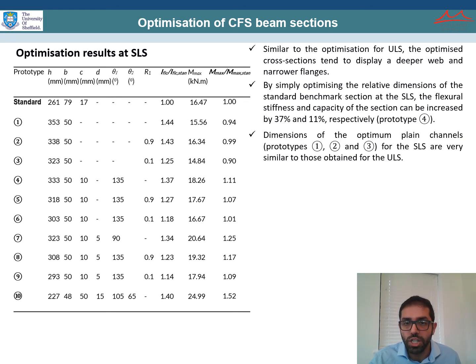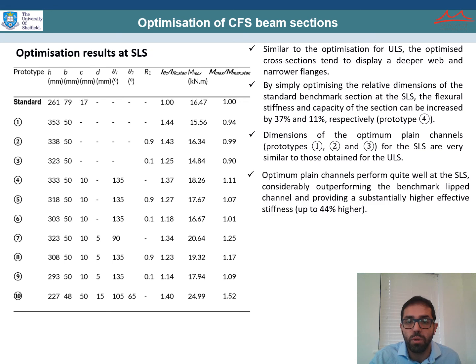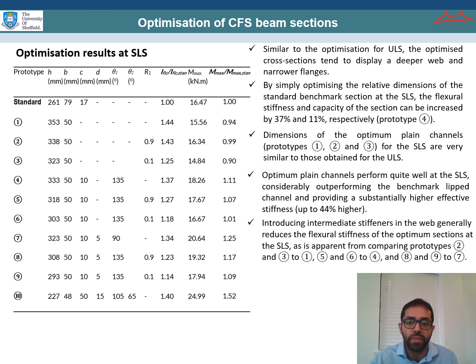Dimensions of the optimum plain channels, prototypes 1, 2, and 3, for the serviceability limit state are very similar to those obtained for the ultimate limit state. In addition, optimum plain channels perform quite well at the serviceability limit state, outperforming the benchmark lip channel and providing a substantially higher effective stiffness, up to 44% higher.